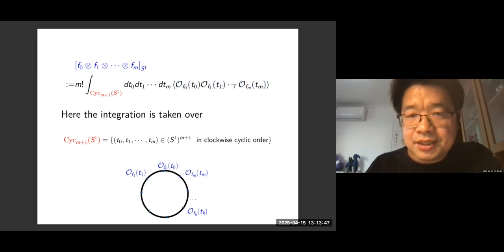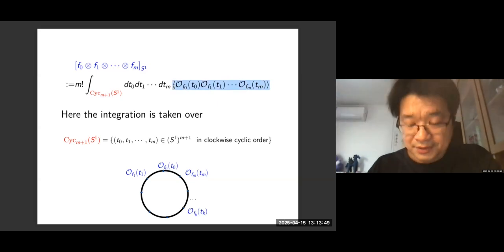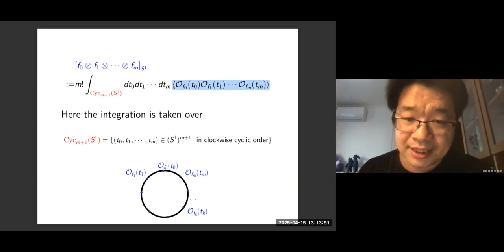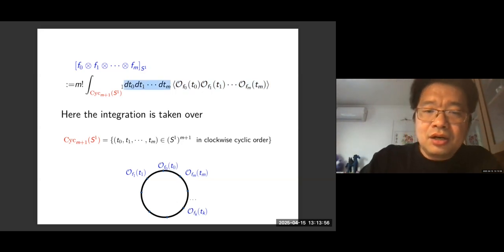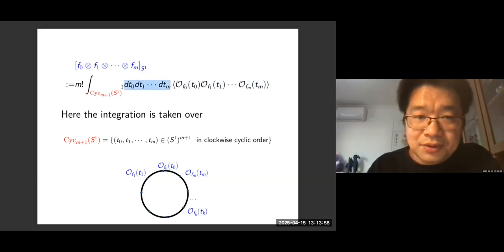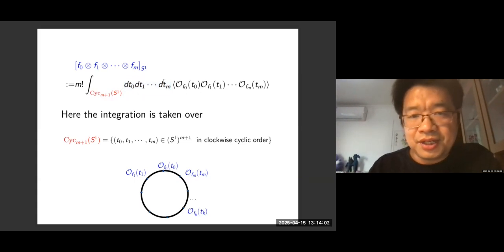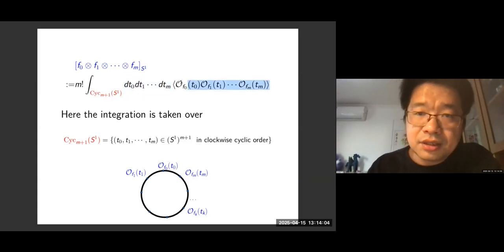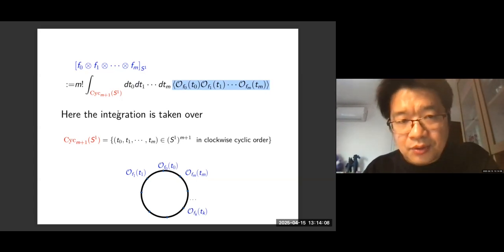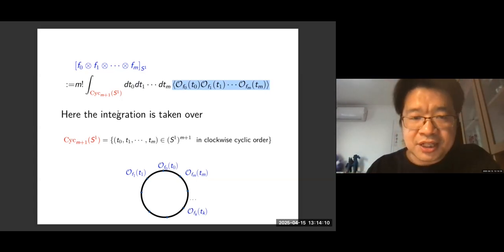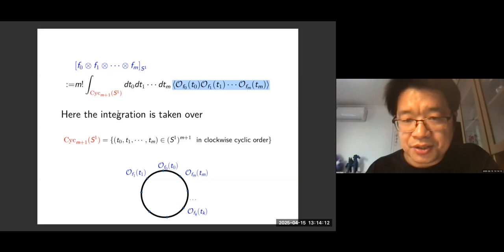Then I compute their correlation function. This is a topological correlation I just explained. Then I let them run over all points on the circle, preserving this cyclic symmetry. So basically, you integrate these local correlations over this cyclic component of the configuration space of the circle.